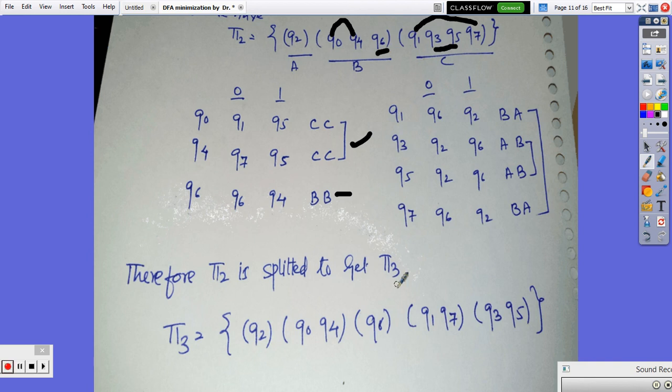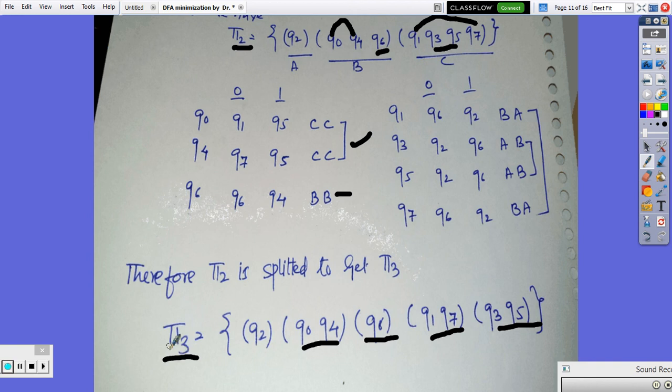So in pi 3, this is pi 2 and this is pi 3, and note that this three-element set is split into two sets, Q0, Q4 and Q6. Similarly this four-element set is split into these two sets. So now we have pi 3.